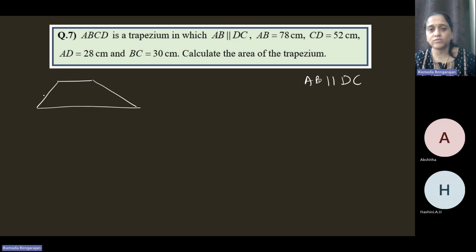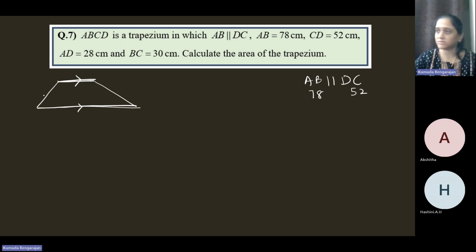I'll also note the values of AB and DC. How much is the AB? Navneet? Okay, AB is 78. And what about DC? 52. So when you're marking, these two are the parallel sides, correct? By this figure, this is the longer side, this is the shorter side. So when you mark, it should be meaningful. Since AB is longer, you mark AB here like this, CD like this. So when you mark AB 78 centimeters and DC is 52, it looks meaningful.